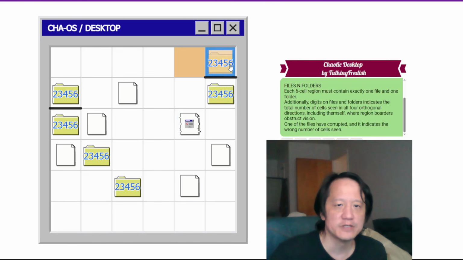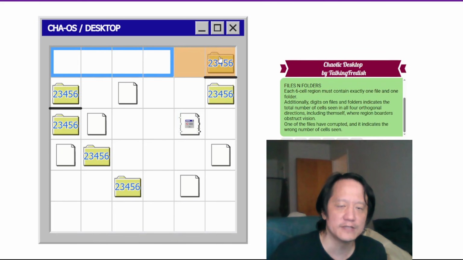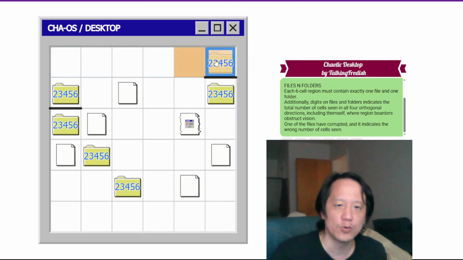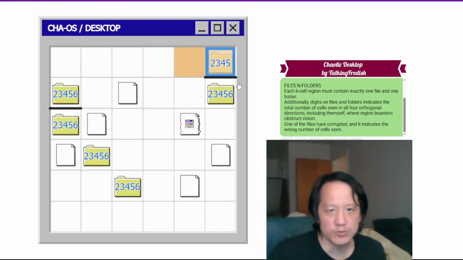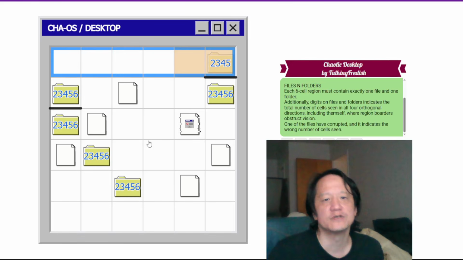This can't be 6 because every region needs to have a folder and a file in it. So it cannot be 6 here, because 6 would mean that it has to see all 6 cells going that way.